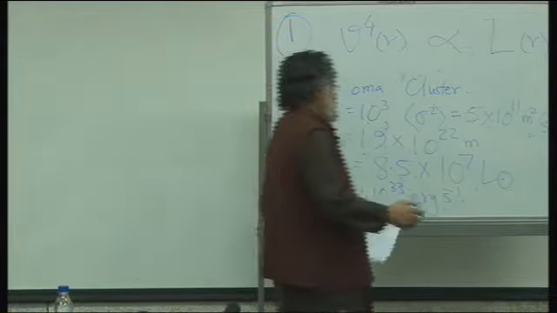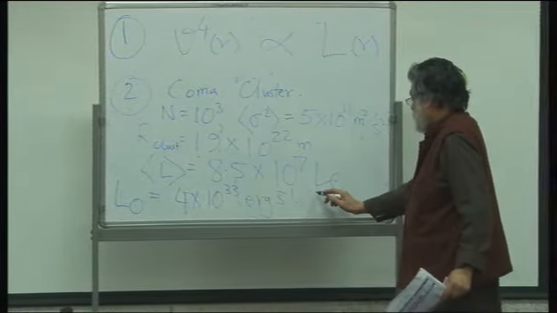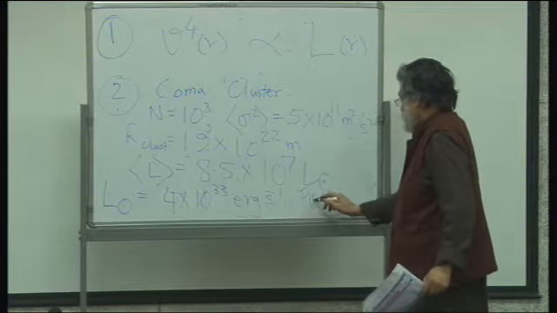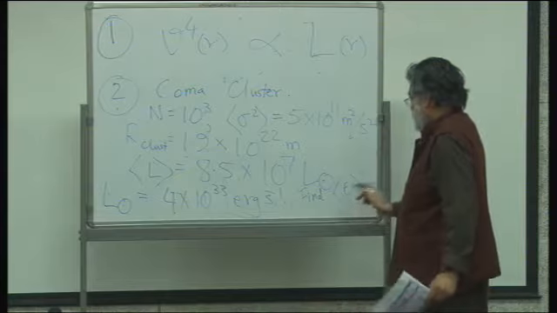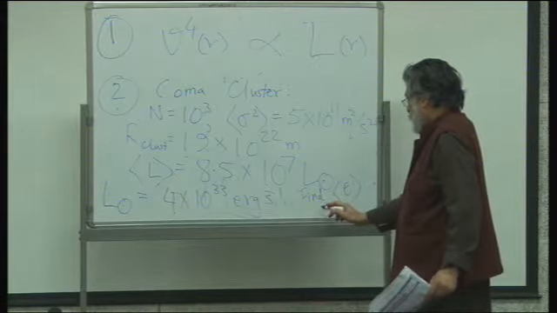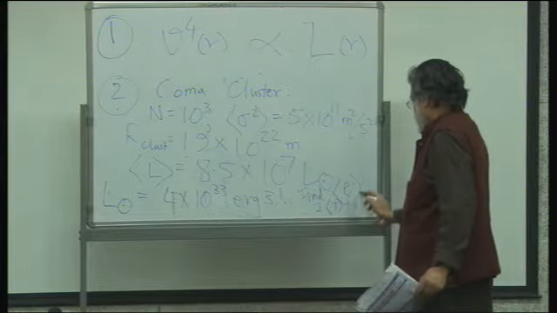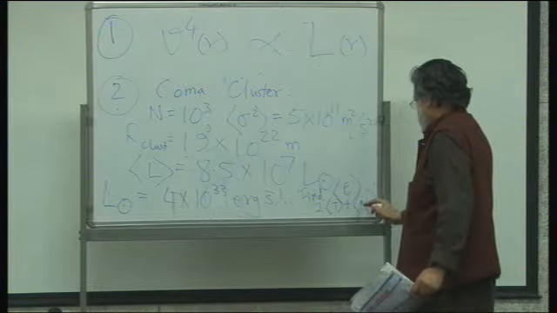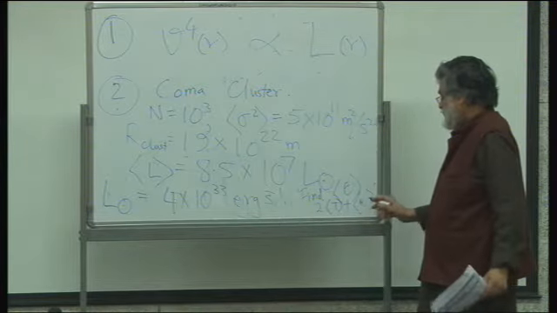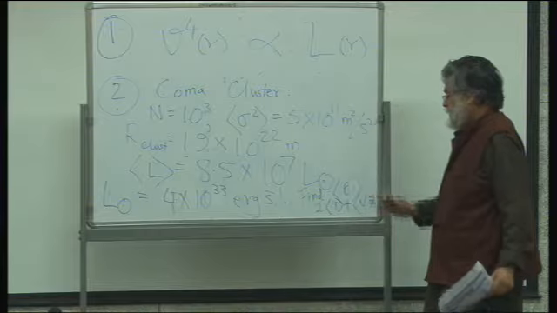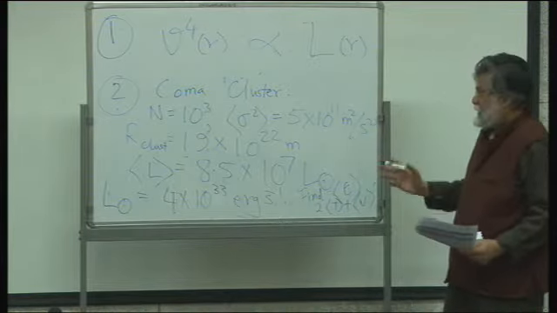So for this problem, find the total average energy of the cluster, and also find out twice T plus V for the cluster. So twice the average kinetic energy plus the average potential energy, and find what the total is, and estimate.